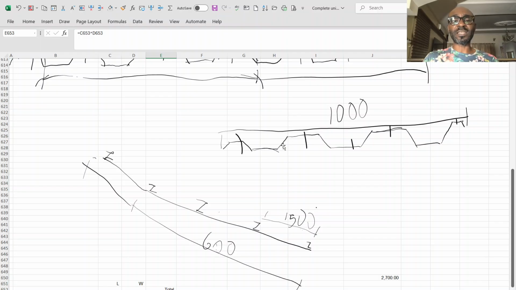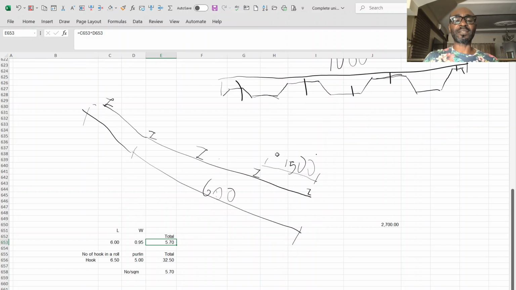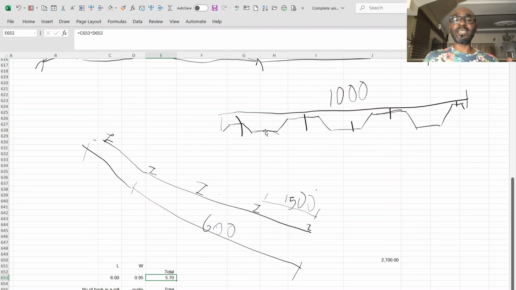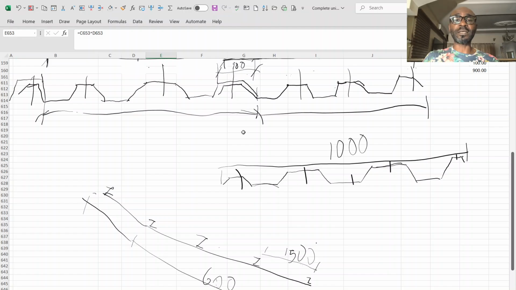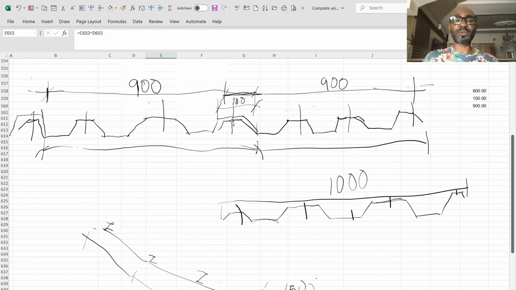So it's always very advisable that you place your nail on each of the hips. Having said that, since we have 7 hips and 6 gutters, and it is in the hips we are placing our screw, nail, or hook, at the point of intersection of the two roofs you are going to place your nail as well.